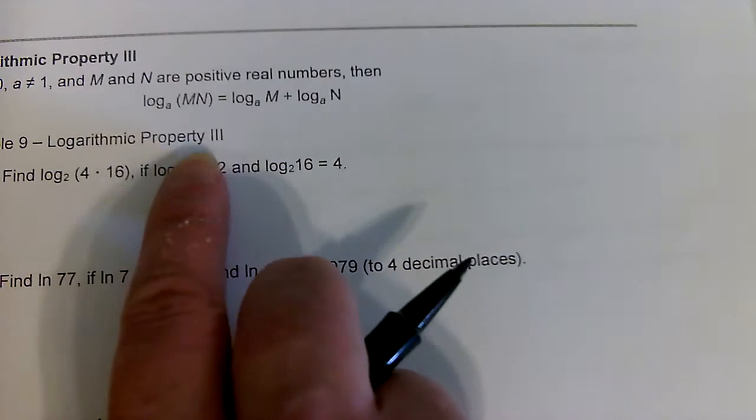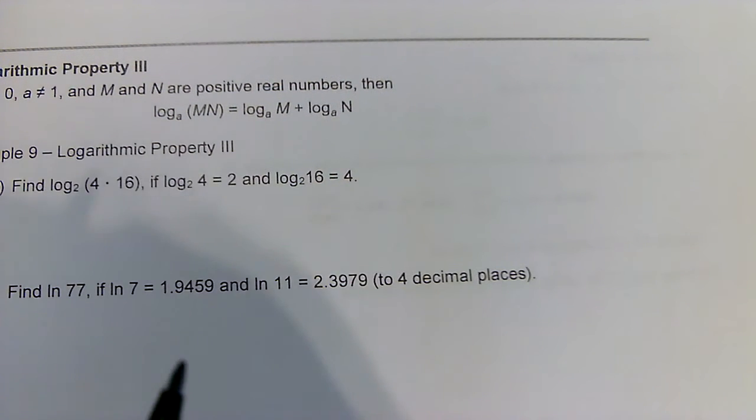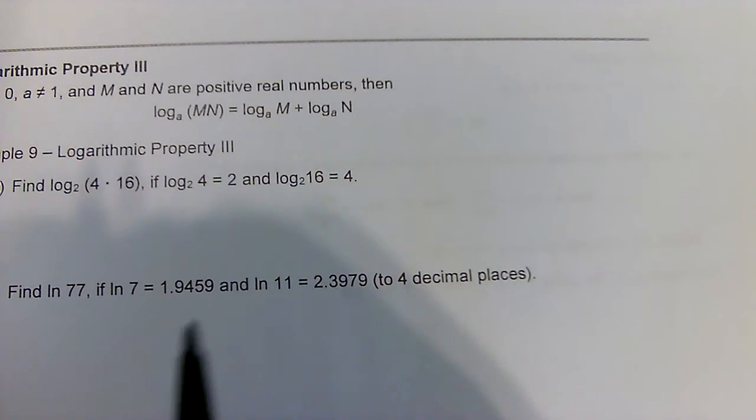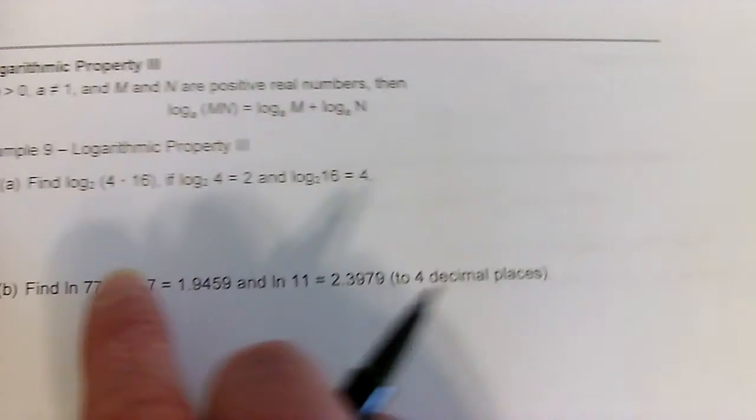Now let's get to some other properties. This property states that if I have a logarithm and there are 2 arguments being multiplied, I can separate that out using addition.